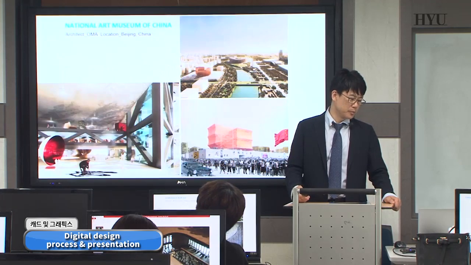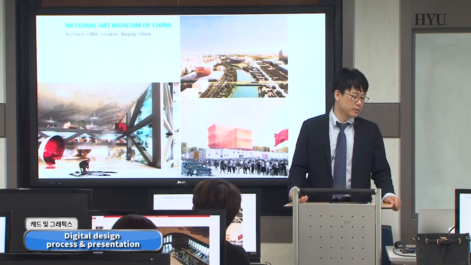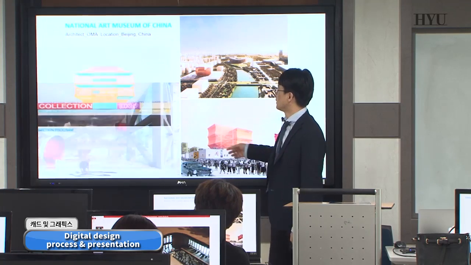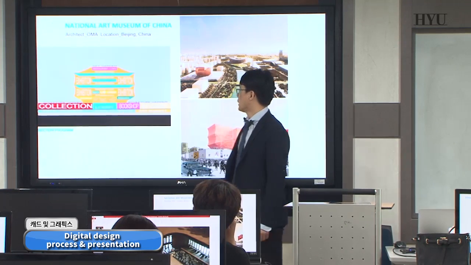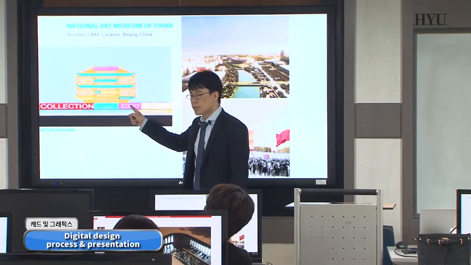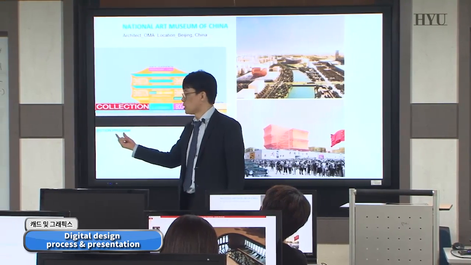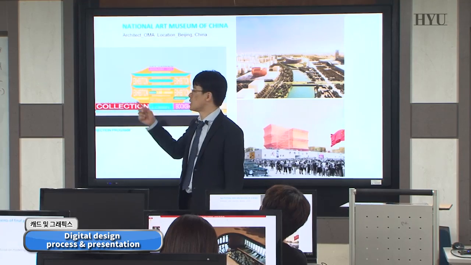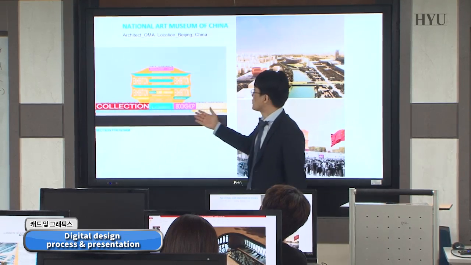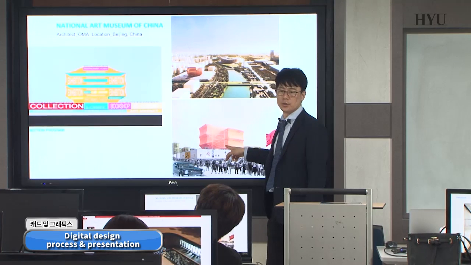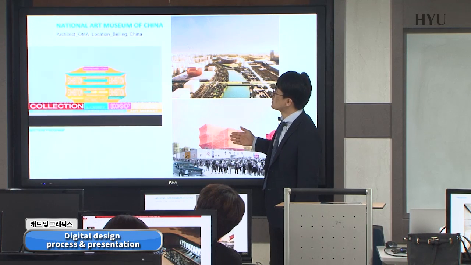Very powerful. How about this one, National Art Museum of China? The reason for bringing this one is this one, okay? Take a look. This section program means a special program diagram using a section, okay? So you know this building simply means this structure, okay? This one is an art museum.